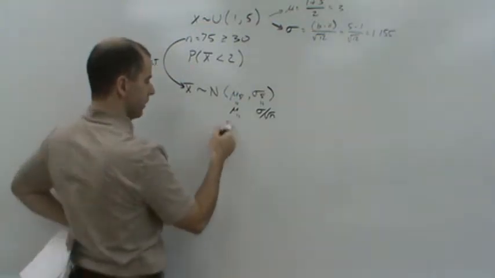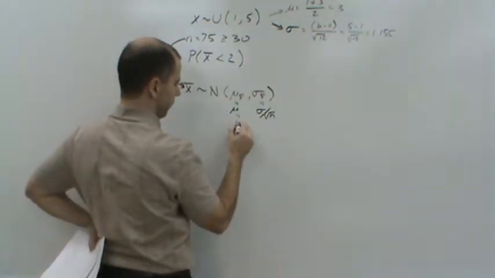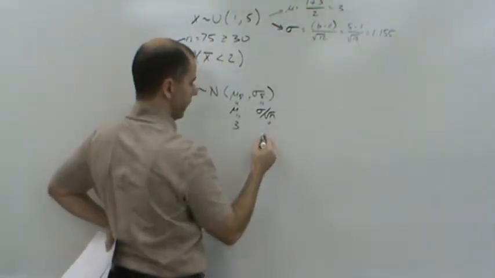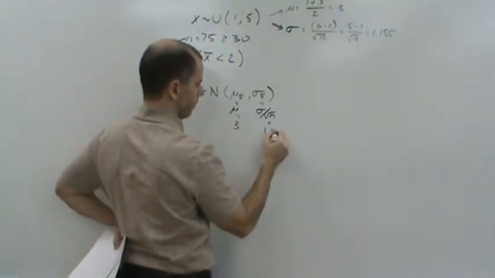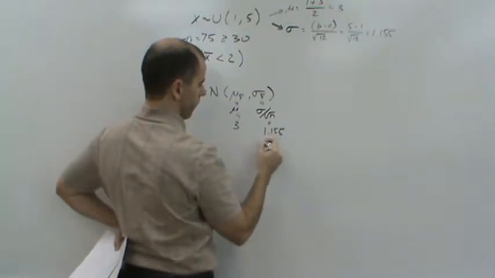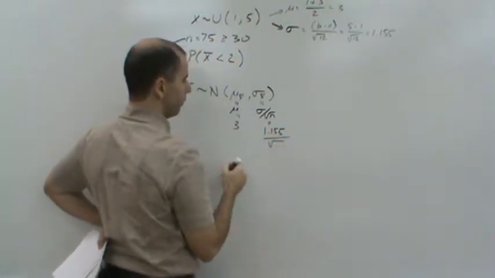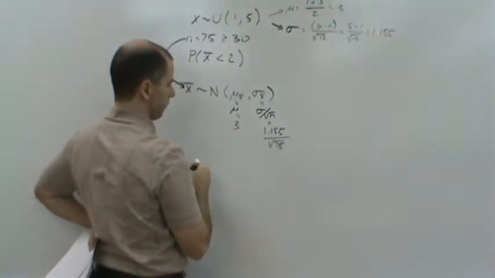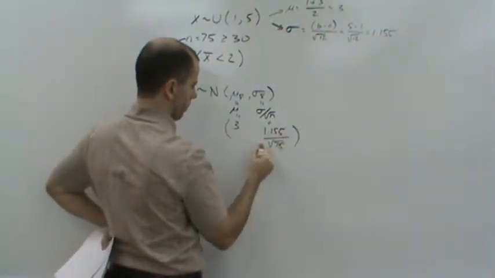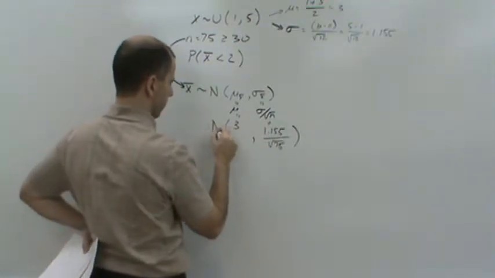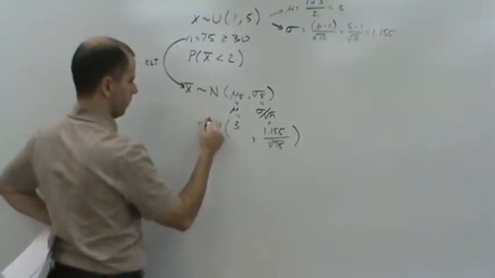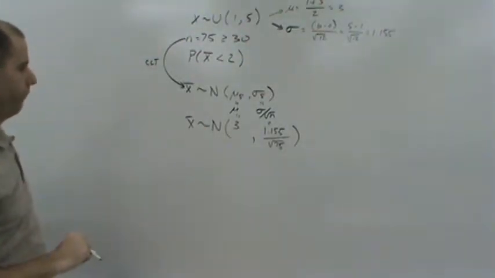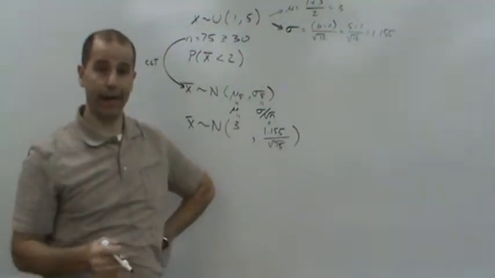In this case, the mean is going to be 3, and the standard deviation is going to be 1.155 divided by the square root of n, which is 75. Okay, so that's where we're at now.